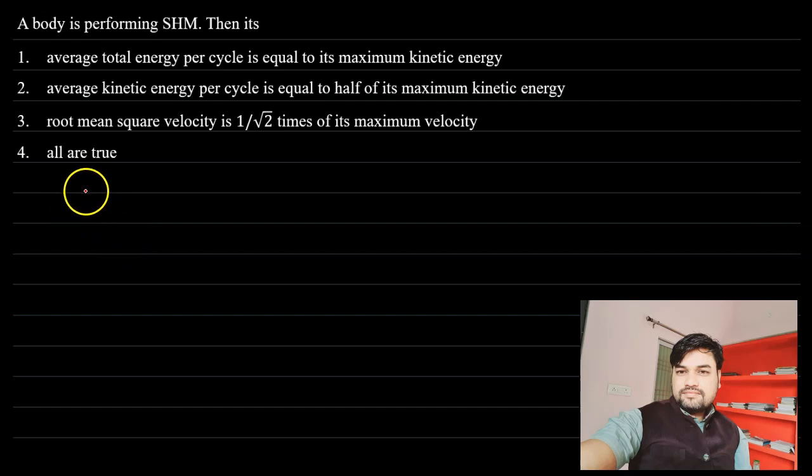Kinetic energy is given by half m v square, which is half m omega square times a square minus y square.